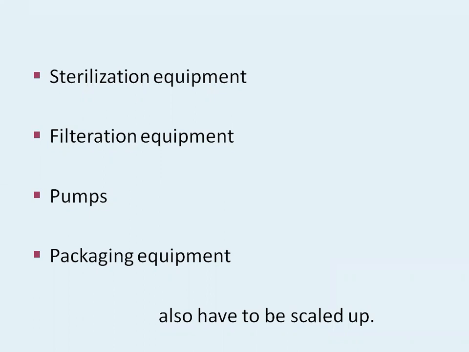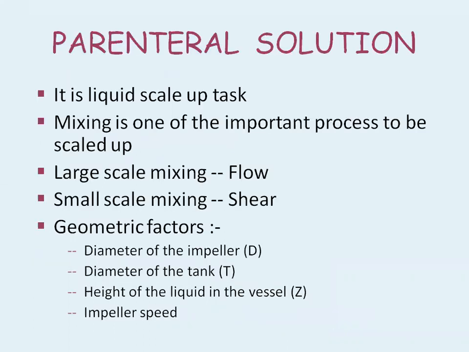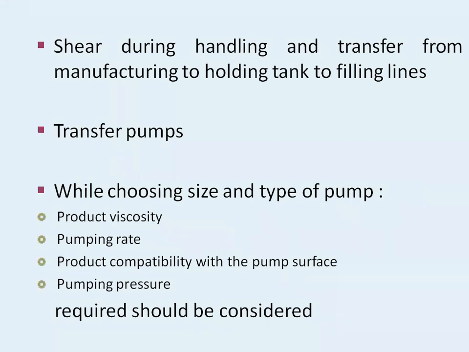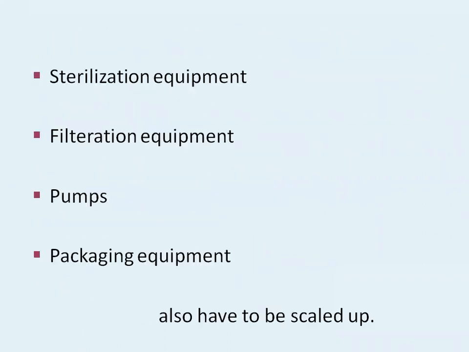So for all these reasons, for the transfer and all these things, the pump is again important. When we talk about the pump, again all these parameters, transfer related parameters, types of the pump, product viscosity, pumping rate, its compatibility, its capacity, we have to study.